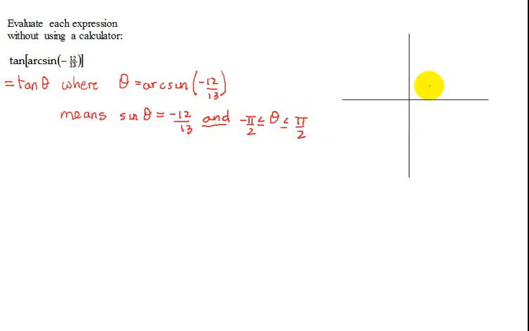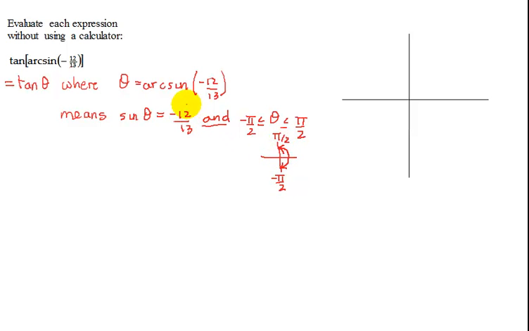So I can have an angle in quadrant 4 as long as I rotate negatively, or I'm going to be in quadrant 1 when I rotate in a positive direction, because my answer for that part of the problem has to lie between negative pi over 2 and pi over 2.